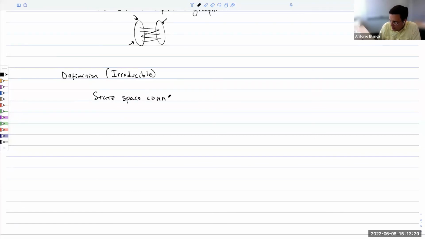Now, we have to be a little bit careful about what we mean by connected, so let's define it properly. We say that for every x and y in omega, there exists t such that p to the t of x, y is strictly greater than 0. That's exactly what we mean.